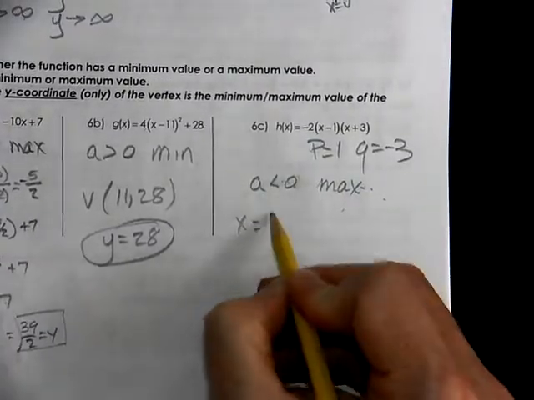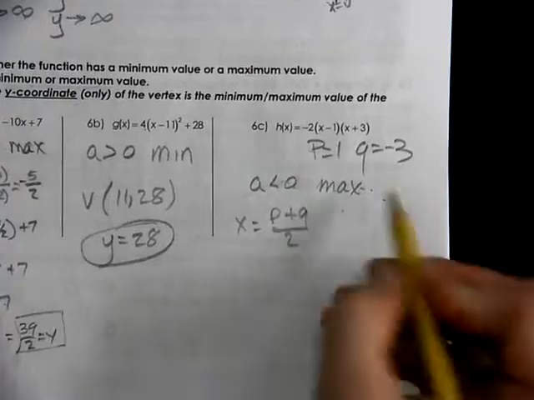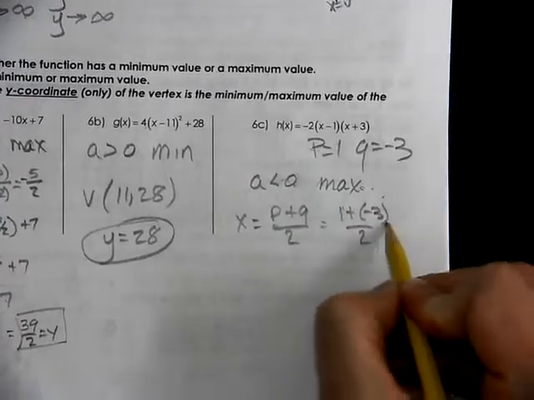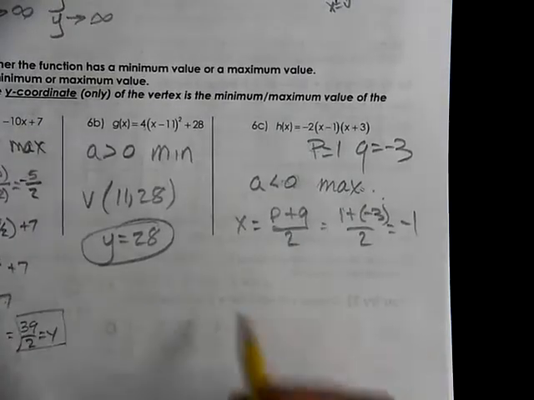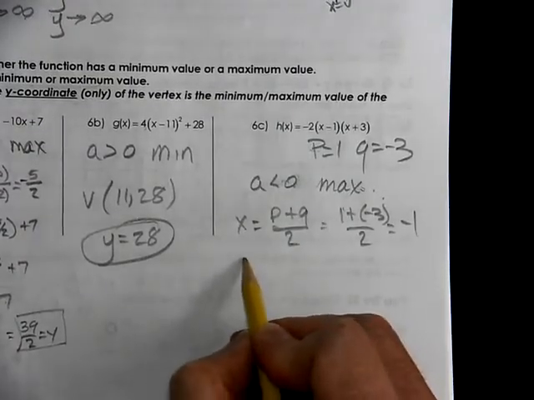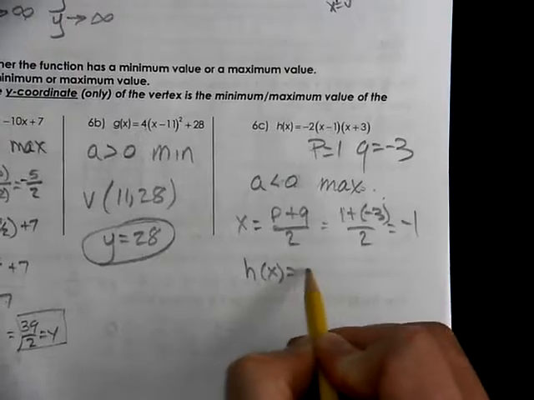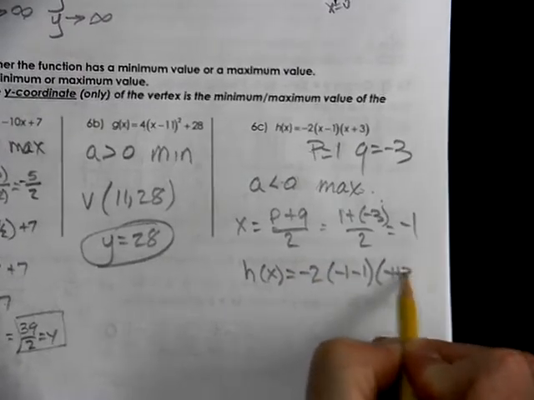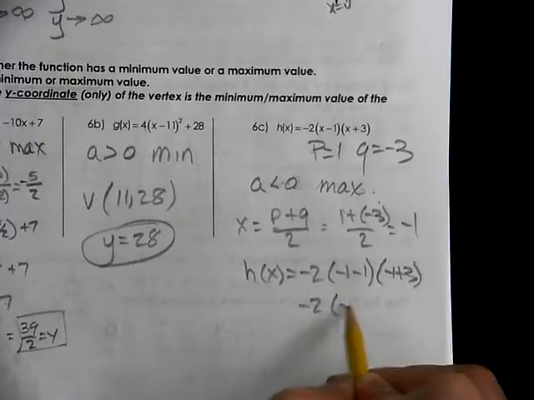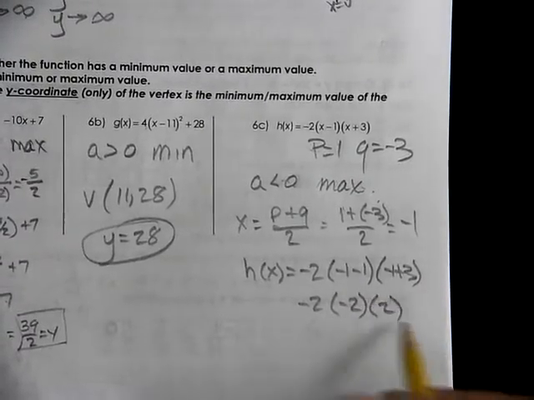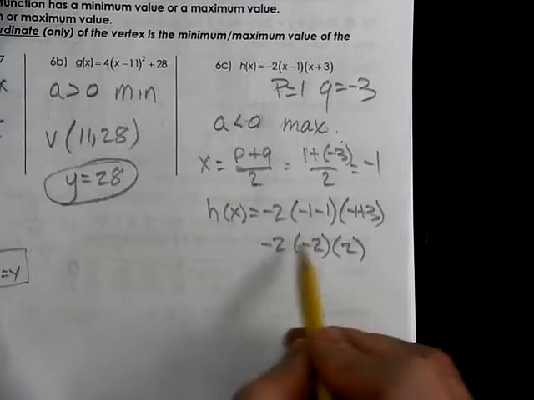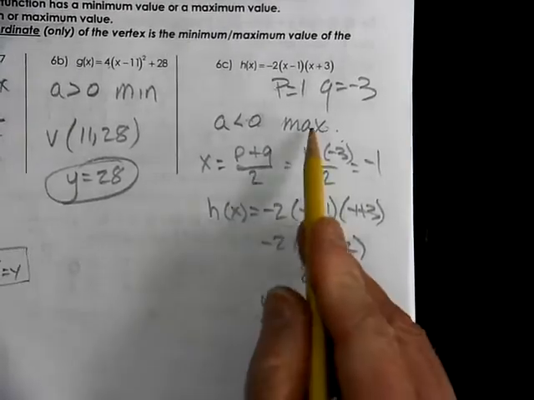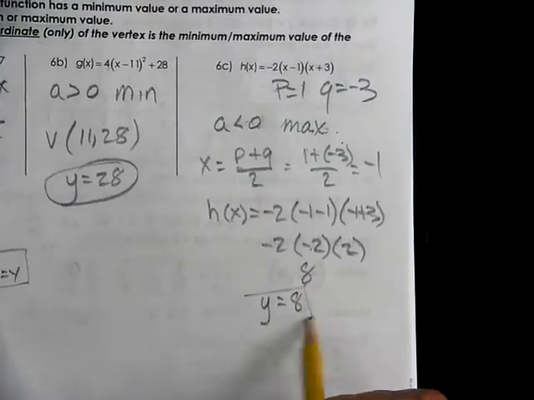So I need to find my p plus q divided by 2, which is 1 plus negative 3 divided by 2, which is negative 1, and I plug that back into my equation. We calculate our values, and we get a positive 8. So my y value, my maximum value, is 8.